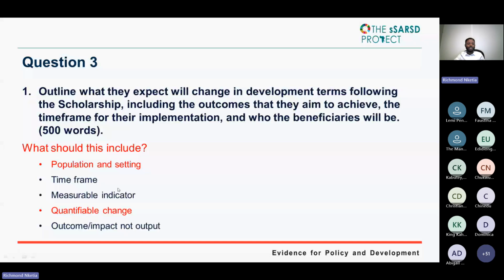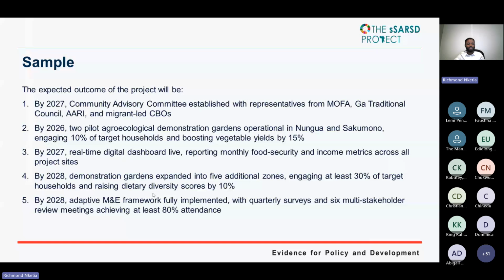So by 2027, which is the time frame, a community advisory committee established with representatives from the Ministry of Food and Agriculture, the Ghana Traditional Council, which is an area in Ghana. These are abbreviations. I would have written them in full, and migrant-led CBOs.